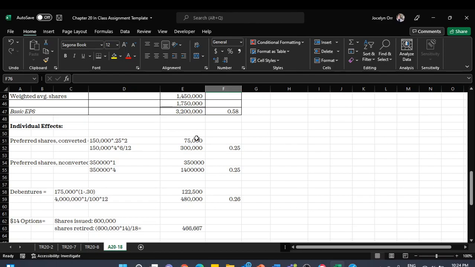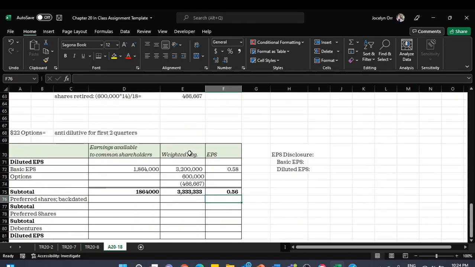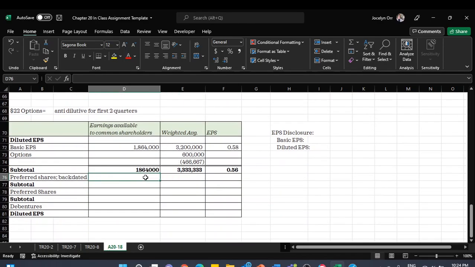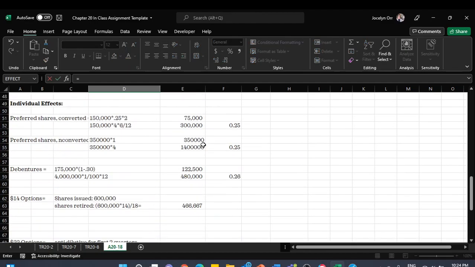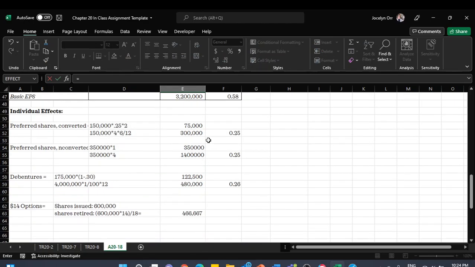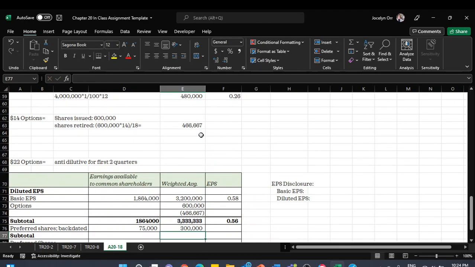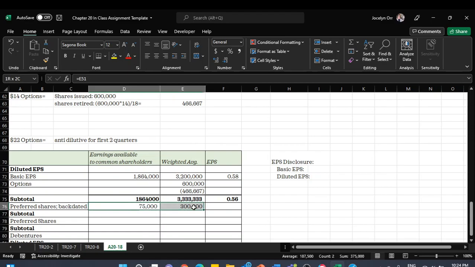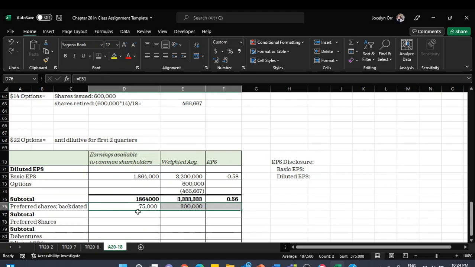Those were the dividends that could have been avoided, and then the 300,000 shares. Okay, so bringing that in, 75 would have increased our common shares outstanding by 300,000. We do another subtotal.